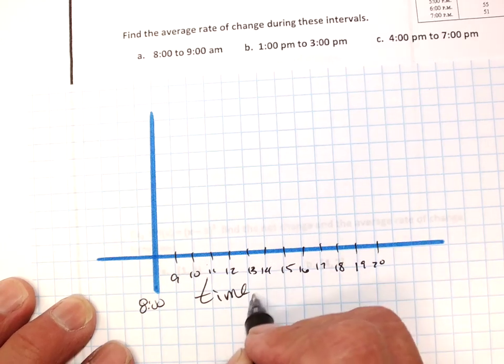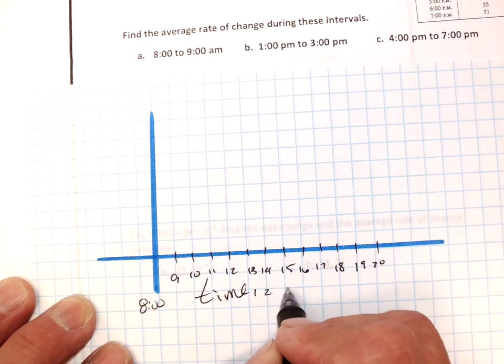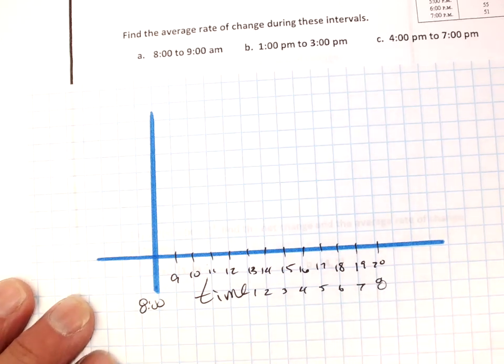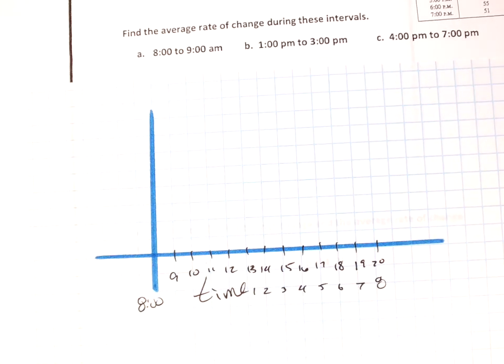So this is the same as like a 1 o'clock, 2, 3, 4, 5, 6, 7, 8. Okay, right? And it's better to use because it doesn't make any sense to go from 12 to 1. Agreed? So I just use military time.